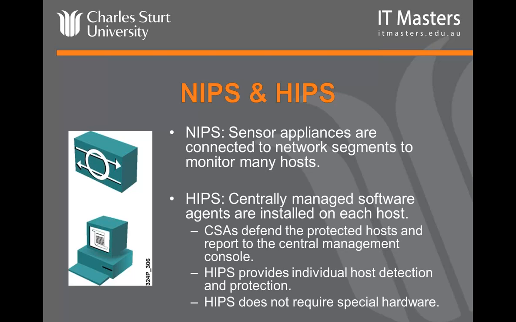So we're talking physical, data link, and network. Okay, so if there are attacks specifically aimed at those 3 layers on your device, then a HIPS is not going to pick that up. A NIPS will, but a HIPS won't. I should say a NIPS might.